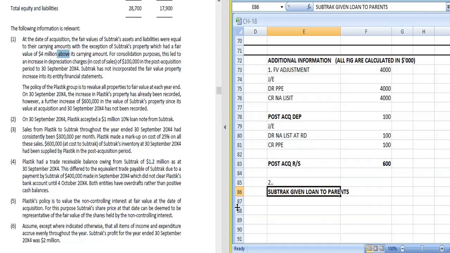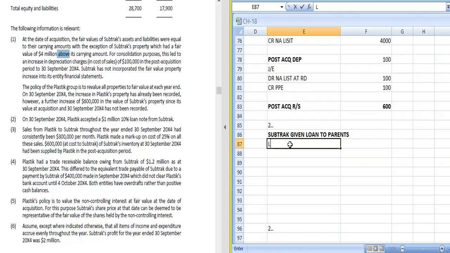But during the period, if parent or subsidiary has given a loan to each other, we need to cancel it out. So be careful while reading the question and solving the question whether the loan is during the period or at a time of acquisition. Okay.